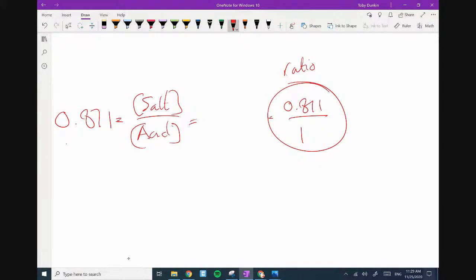That is the concentration ratio. So number of moles equals C times V over 1,000. We've got V, but the V's are going to cancel. So are the thousands.